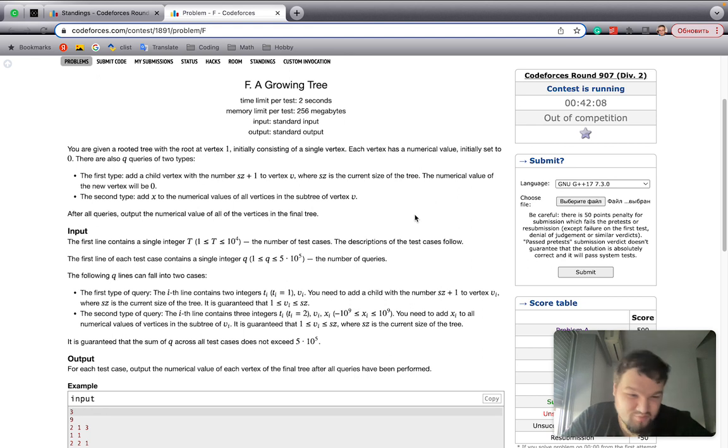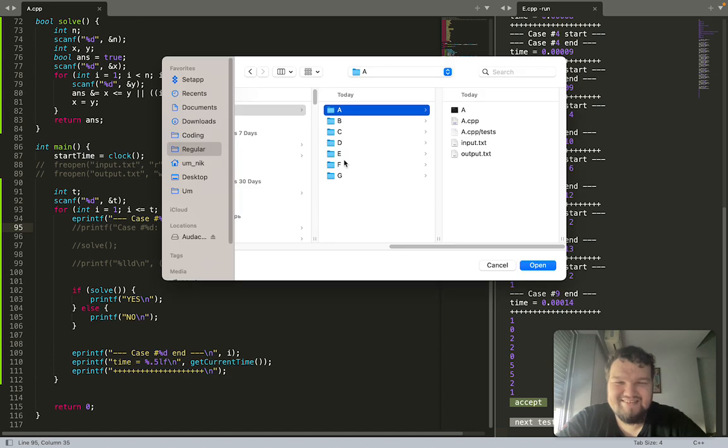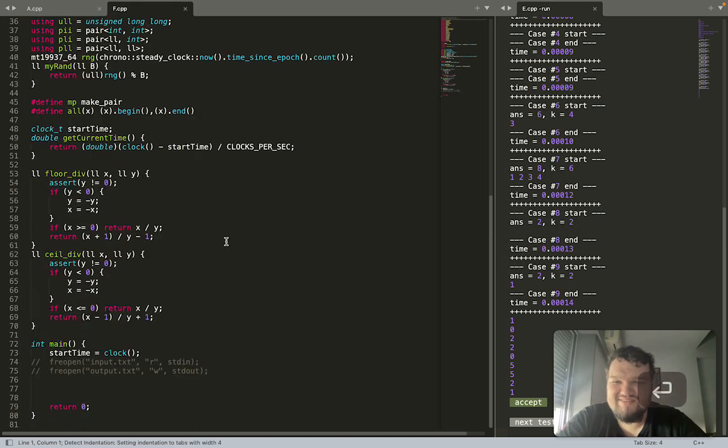Still, should be doable with link-cut trees. But whatever, let's just write the simple thing and be done with this contest.